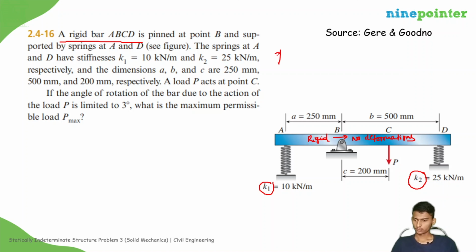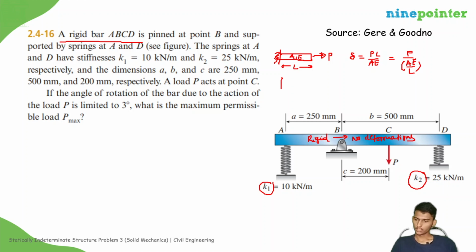To take a rod of length L, A comma E. What is the deformation delta? Delta will be PL divided by AE, right? So you can write it as P divided by AE by L, right?